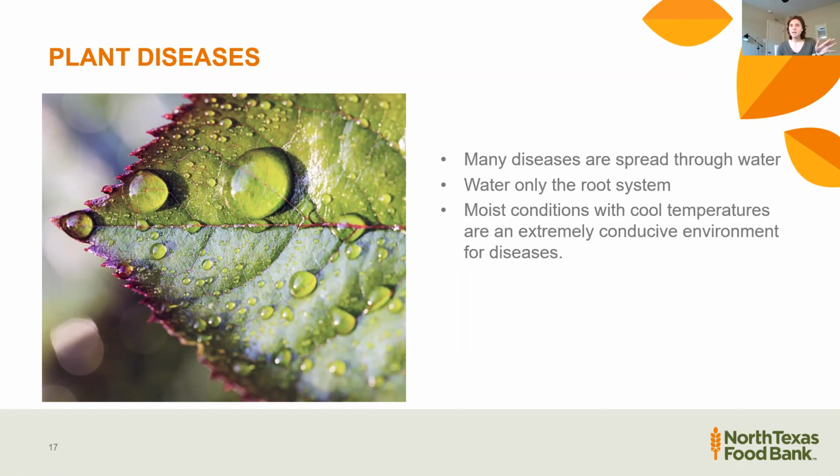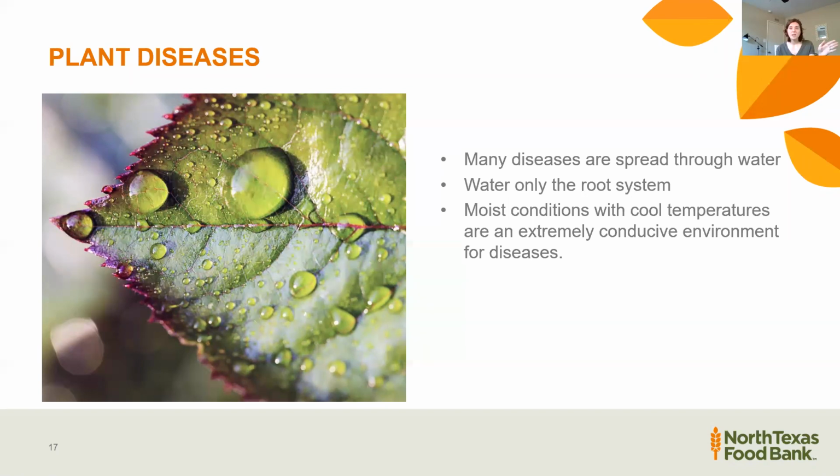Right now is the perfect time for fungal diseases and all different kinds of plant diseases, really, because the temperatures at night will fall and it'll also be a little bit cool. For plant diseases, the temperature range for them to really grow and produce is between the 40s and 80s, like 40 and 80 degrees.